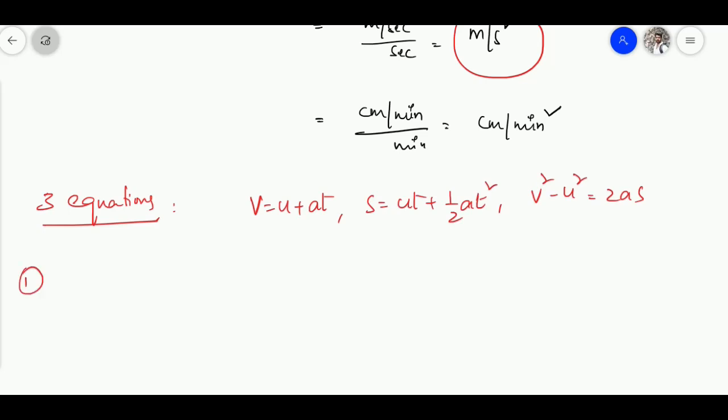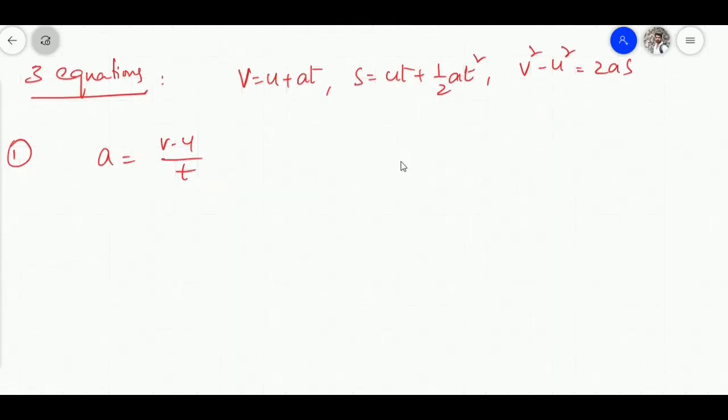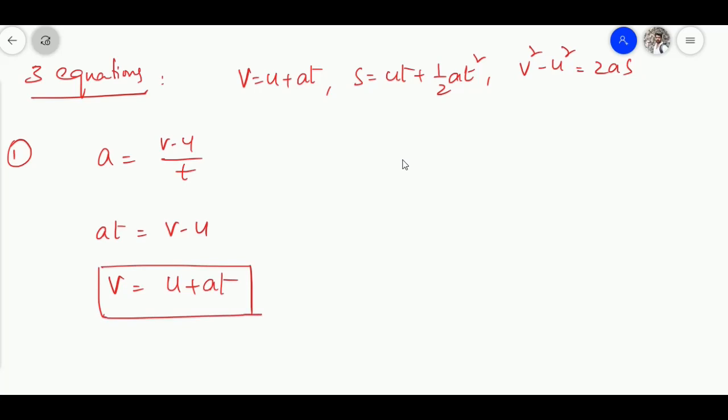Coming to the very first one, I feel there is no need of using the word derivation here, because we know the formula a is equal to v minus u by t. By basic simple math simplification, we get at is equal to v minus u. Keeping the subject as v and taking the minus u to the other side, that will be v equals u plus at. Done with the first equation. I don't feel there is any derivation needed for this.